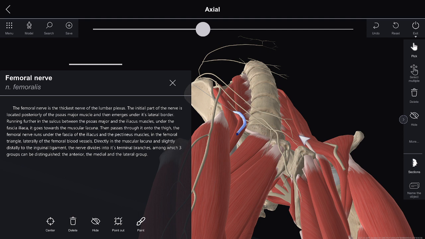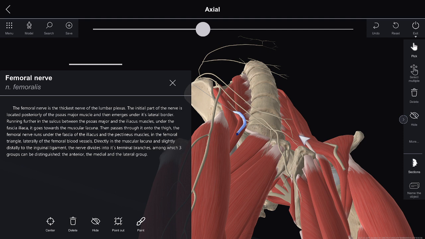And this space divides into lacuna musculorum. 151. What is it? It is musculus iliacus, which goes through lacuna musculorum. And here it is a nerve, nervus femoralis.